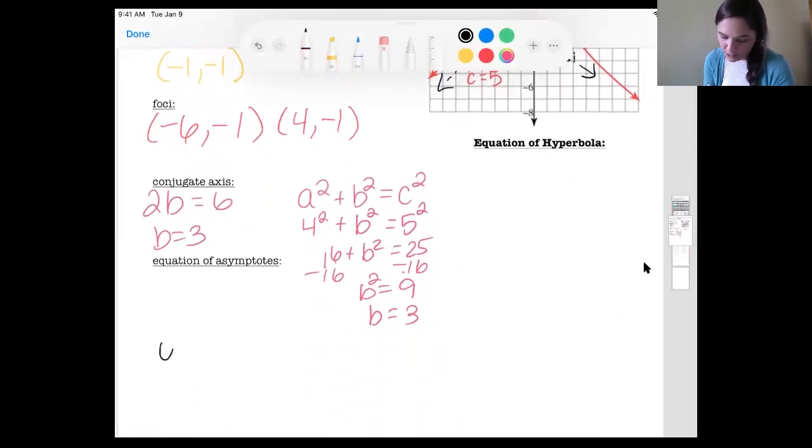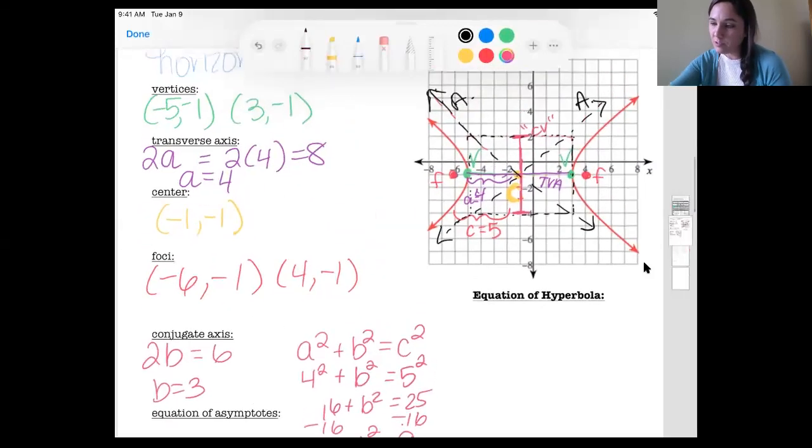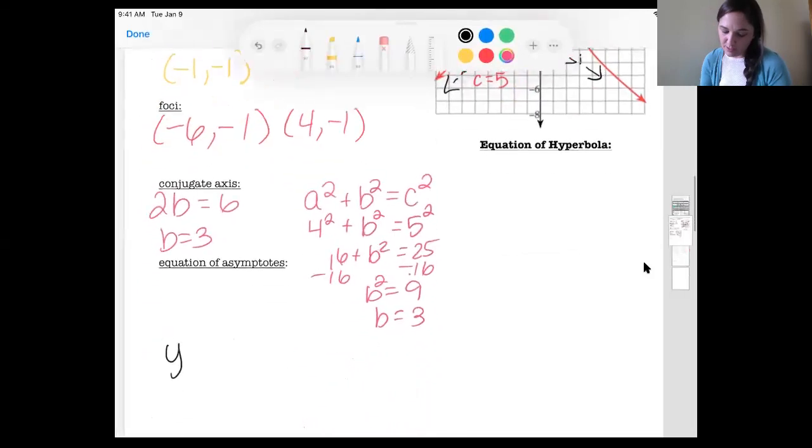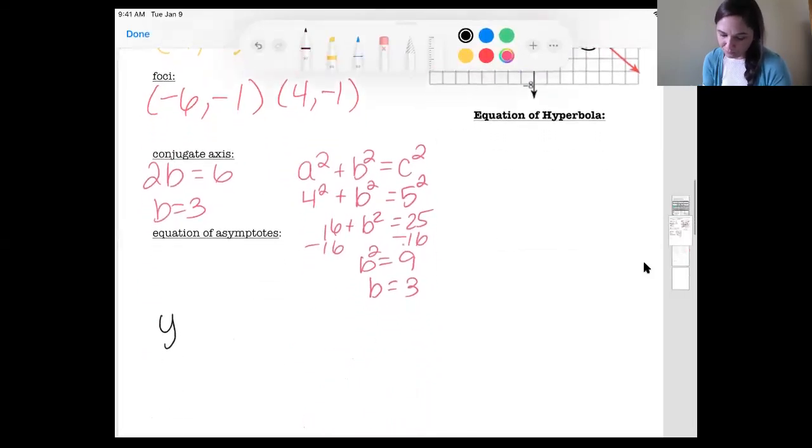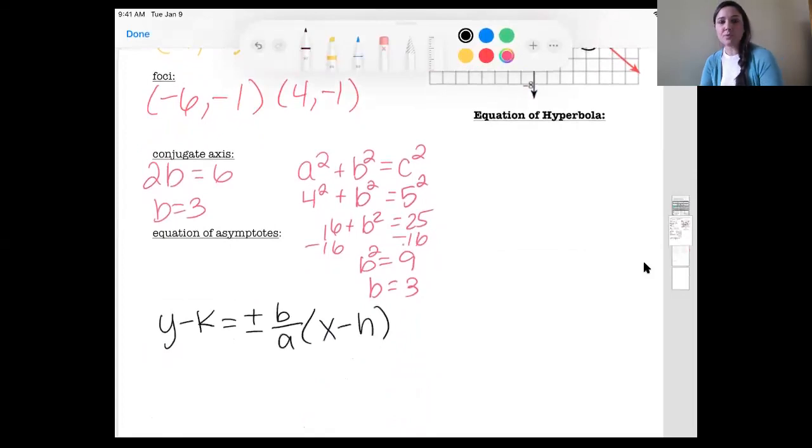So remember our equation is, so we've got our horizontal. So our equation, y minus k equals plus or minus b over a times x minus h. All right, so h and k, remember that comes from our center.